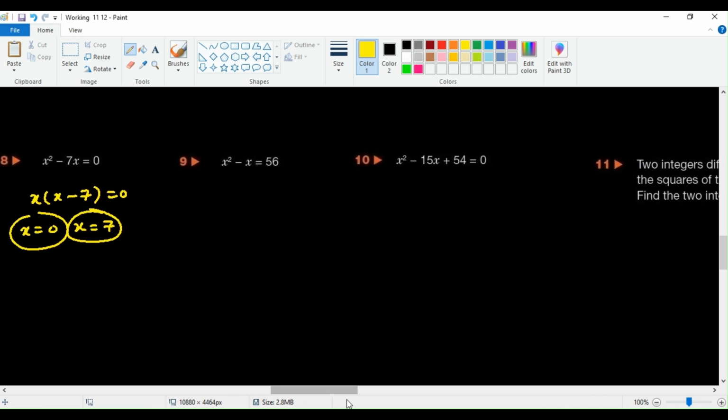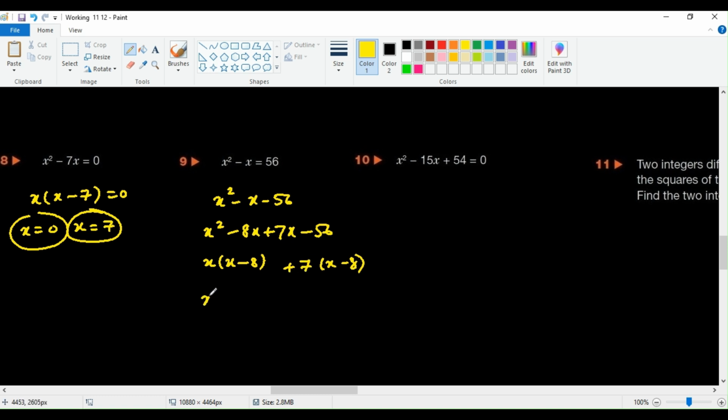Now comes the next one. This is going to give us x squared minus x minus 56. Now 7 times 8, x squared minus 8x plus 7x minus 56, keeping the common in between, x minus 8 and plus 7.